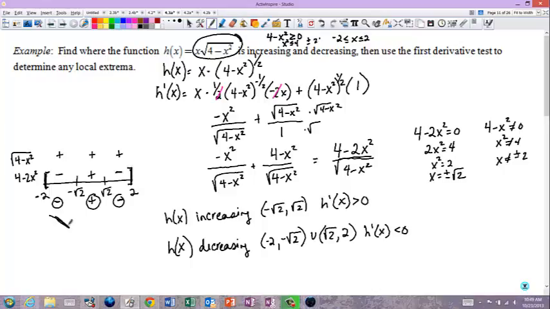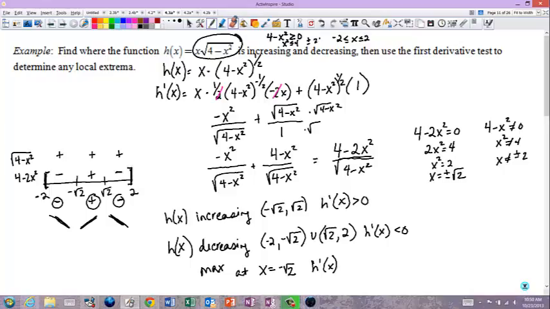And if you kind of do like that, it has a max, a relative max at x equals negative square root of 2 because the derivative changes from, wait, that's just min.